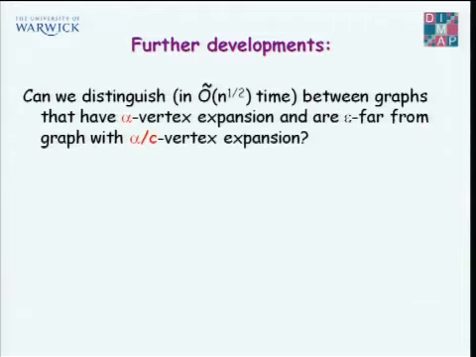Good. So once we had it, we published it. Then very soon people were asking the question whether we can get rid of this logarithmic factor. We didn't know how to do it.